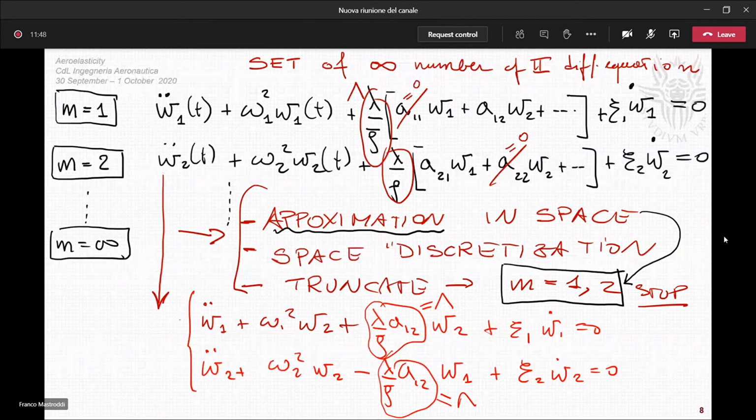An engineering question. Does this truncation make sense? Can you do this? Are you authorized to truncate? The question is, this depends on the problem you are considering. If you are available to do an approximation, if you are available to represent only processes in a limited frequency bandwidth, then you can retain only the first 2, 3, and 4 of these equations.